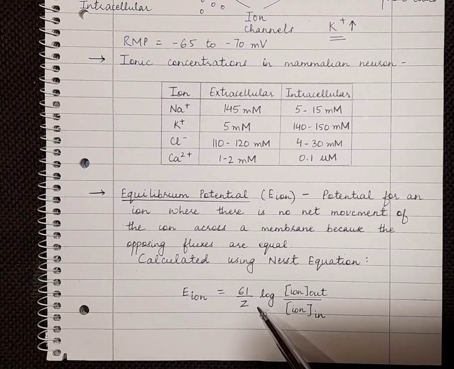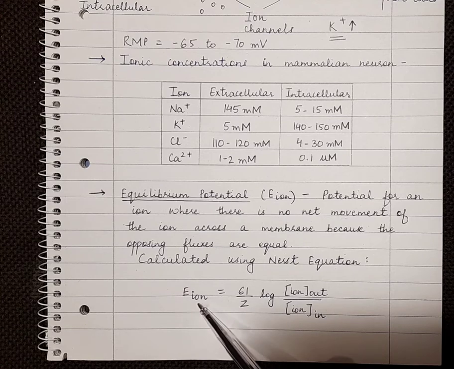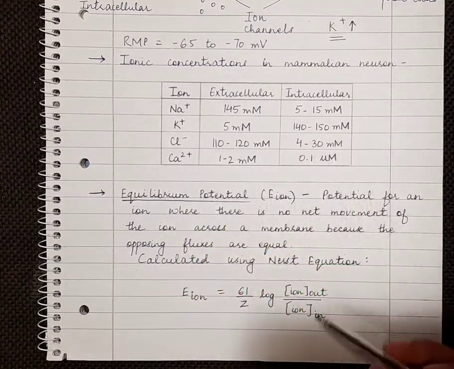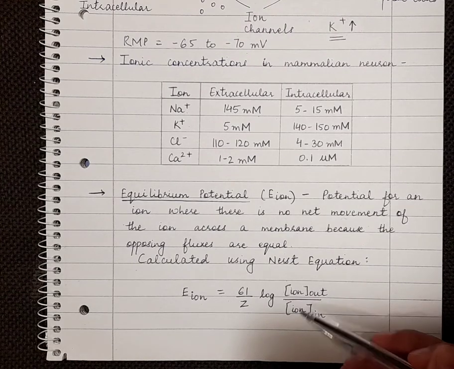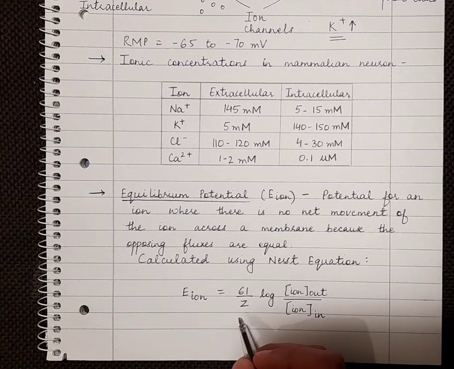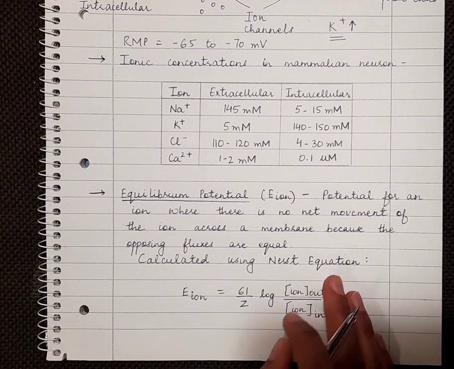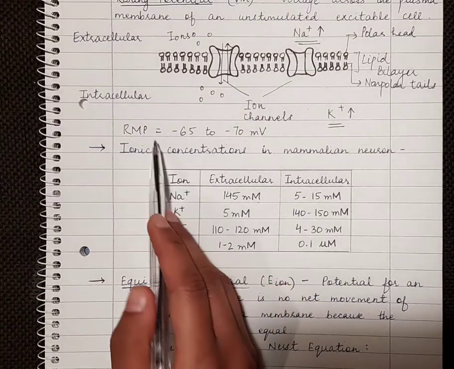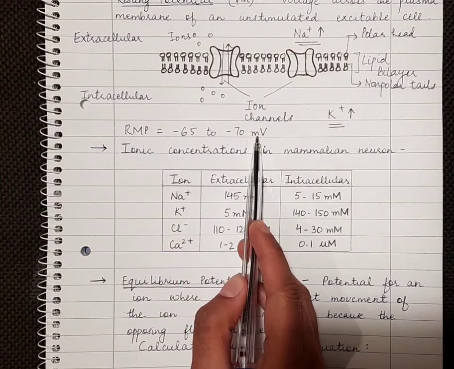If you calculate the equilibrium potential for potassium by putting these values in, you will see that it comes out to be around minus 80 millivolts, which is very close to the resting membrane potential.